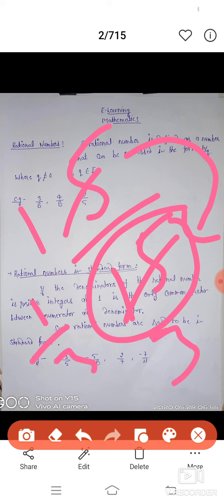It is equal to 1 upon 3. Thus here 5 is the common factor between numerator and denominator. That's why we divide numerator and denominator both by 5, and thus it is reduced to standard form.